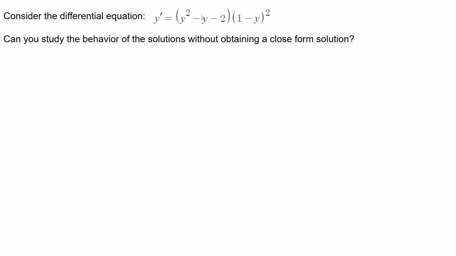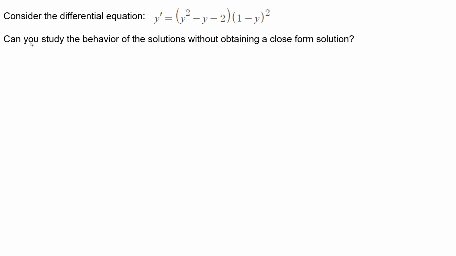If you're given a differential equation, now this is I just cooked this one up, and I think it ends up being a linear one, right? If you distribute everything. So it just illustrates a particular thing I wanted to illustrate. But this is a differential equation. It doesn't fit any of the templates we've studied.